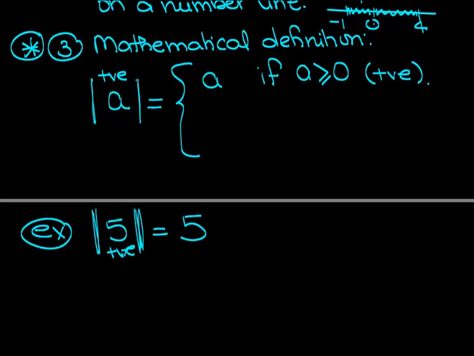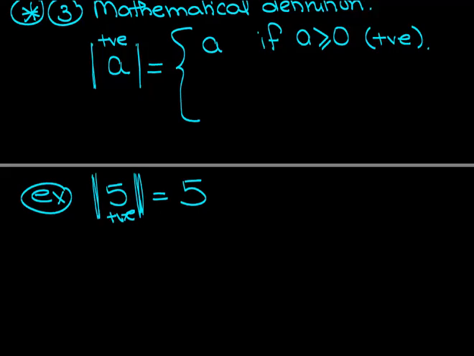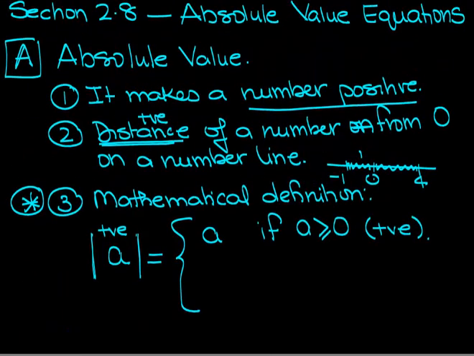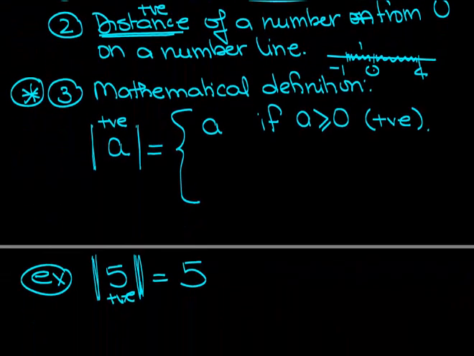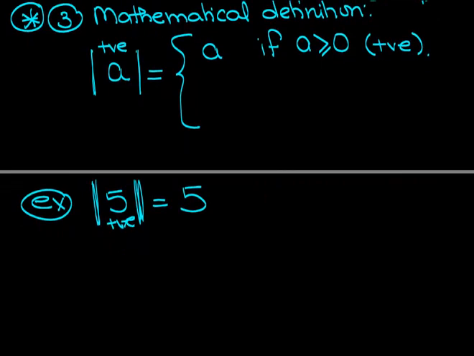Okay, so remember, going back to the first non-mathematical definition, the goal of absolute value is to make something positive. So if you're taking absolute value of something that's already positive, then you absolutely do not need those absolute values. You can just drop them and keep that number. Okay, and that's what we did over here. If a was positive, we just get that back.